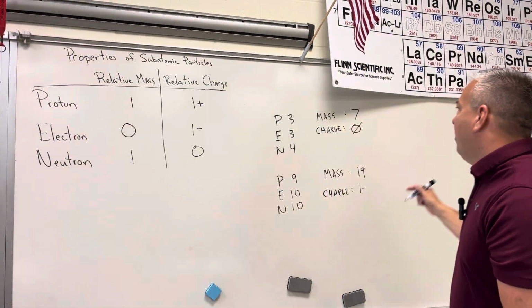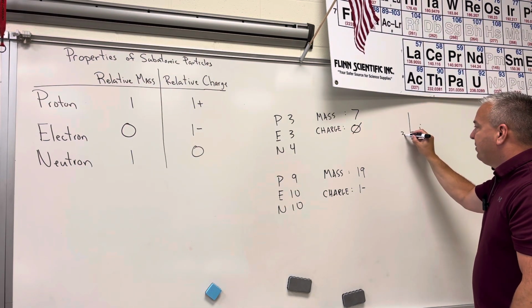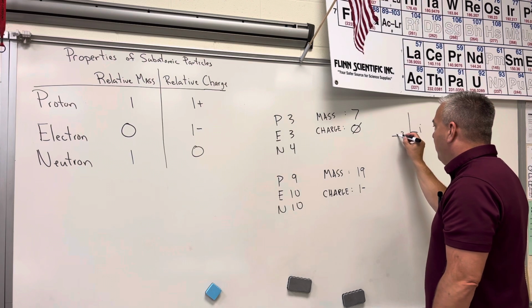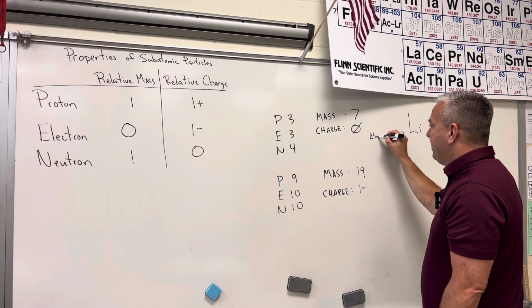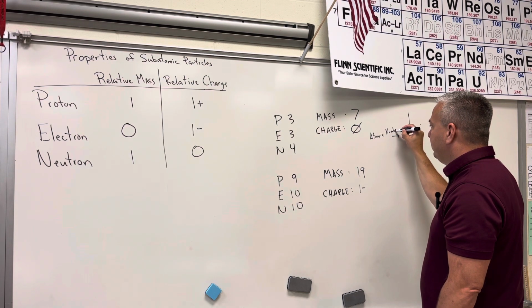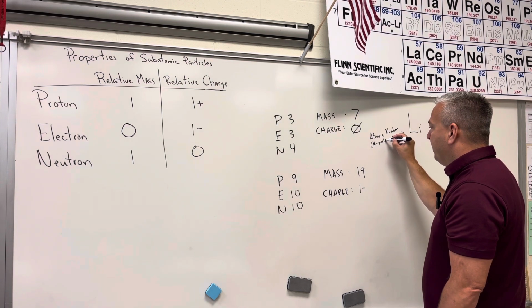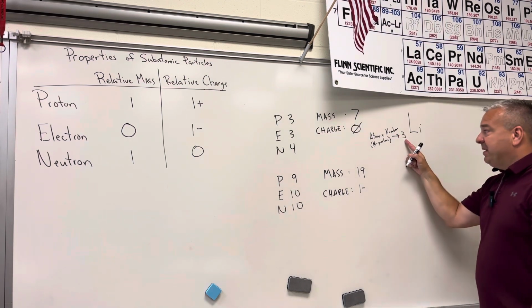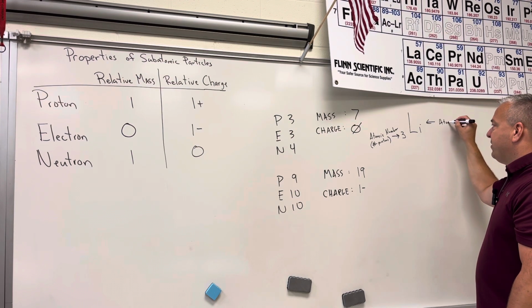So we know that this substance is lithium because it has 3 protons. We call this number 3 the atomic number. An atomic number always tells you the number of protons. And the atomic number and the atomic symbol always have to match, always.